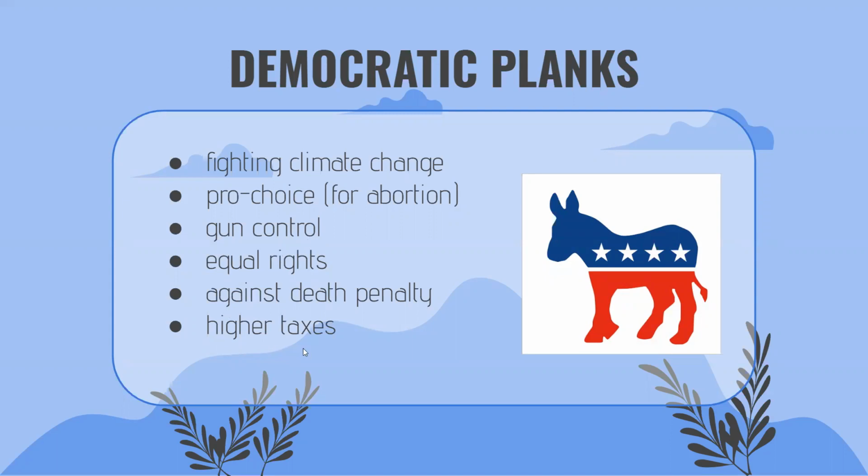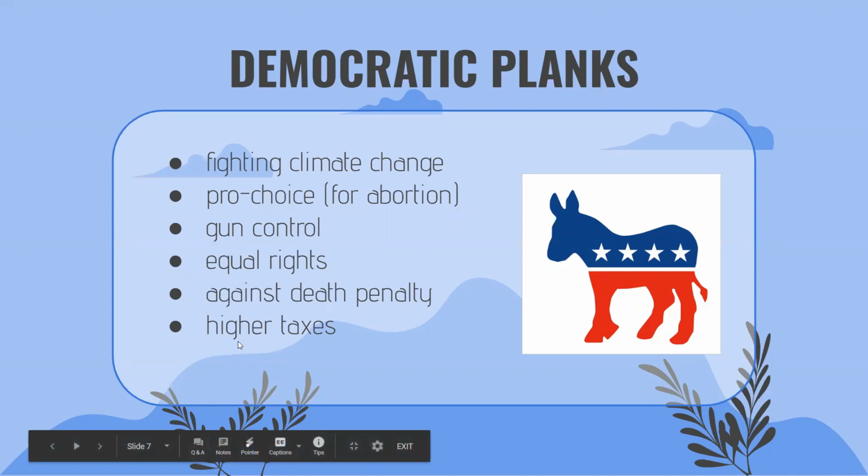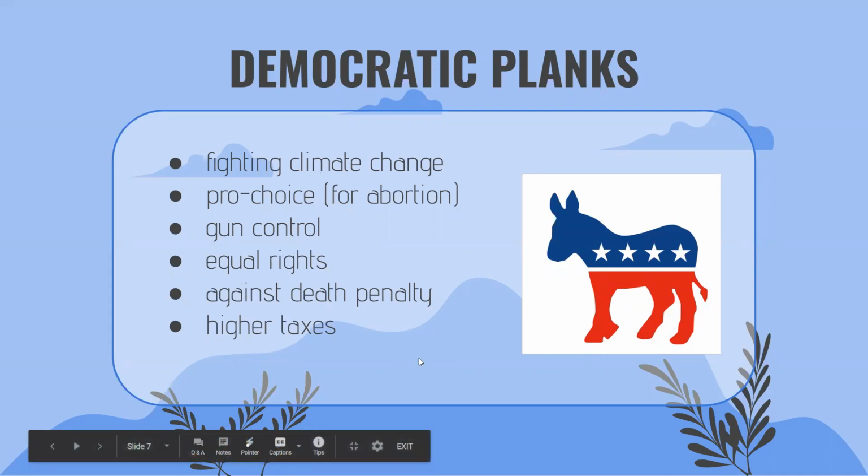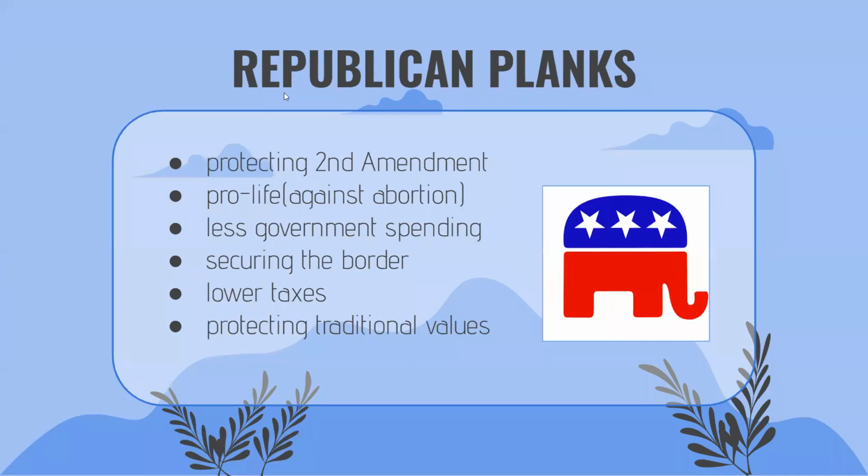If you don't know Bernie Sanders, he likes to tax the rich, I guess. So they generally like to tax the more wealthy and then allow the money to go to help those in need.